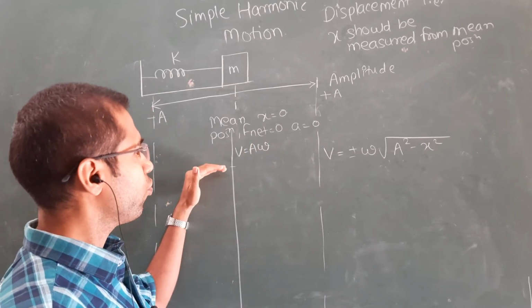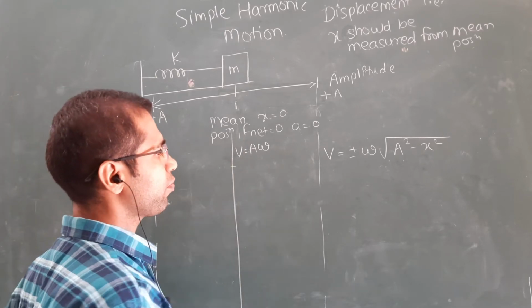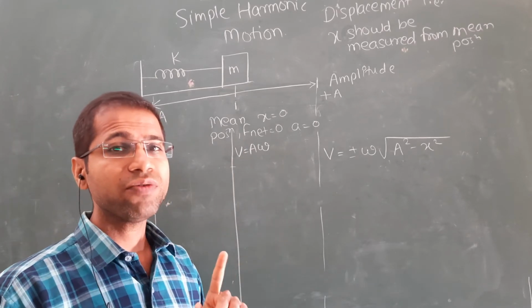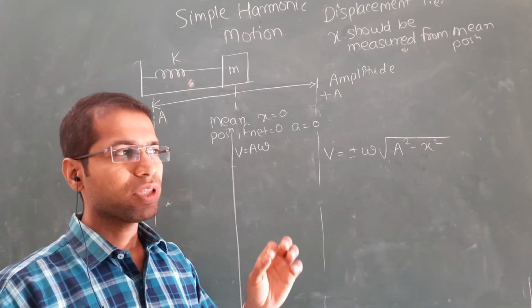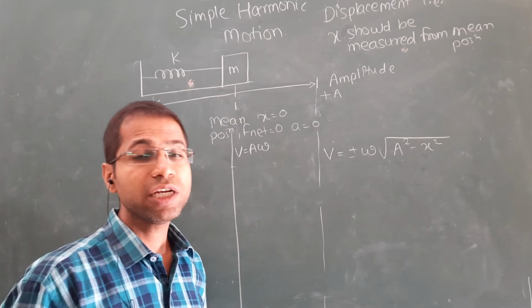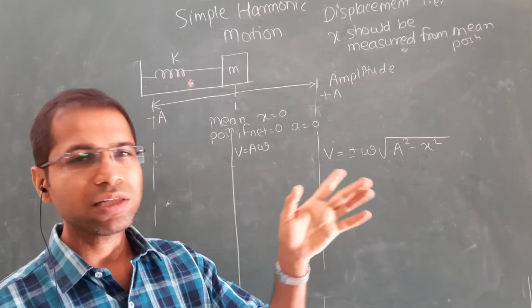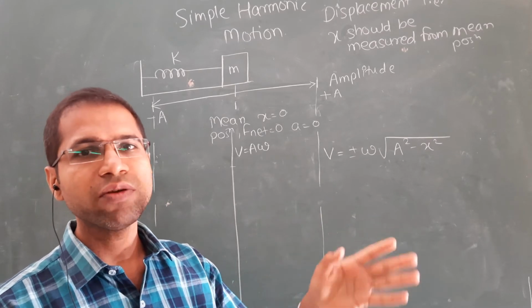Yes. Now the particle is moving in the rightward direction. Whenever we are considering velocity, whether velocity will remain constant, increase or decrease depends very much on the acceleration. If the velocity and acceleration both are in the same direction, then velocity will increase.